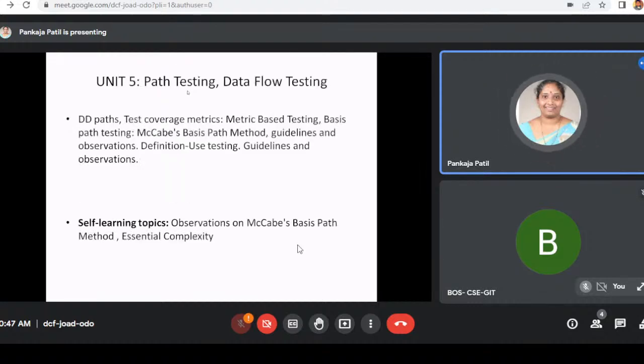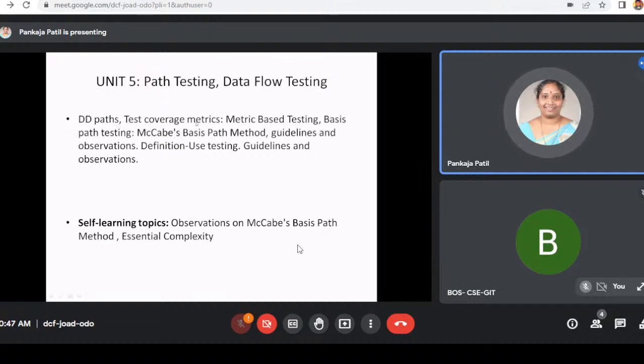So different paths are available in the program written. How are you going to test each and every path, and say that each and every option is working correctly, also that each and every decision is performing properly, so that you are going to find out by using path testing. So here you are going to study decision table based path testing.